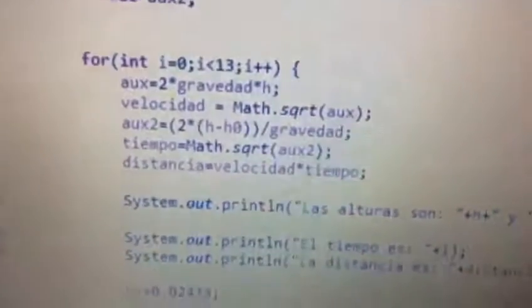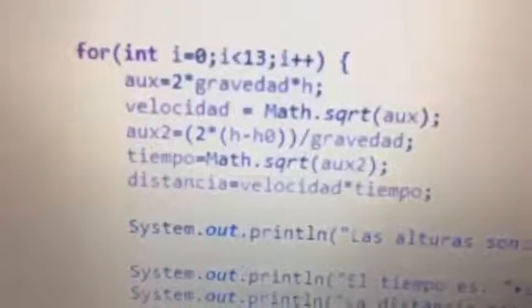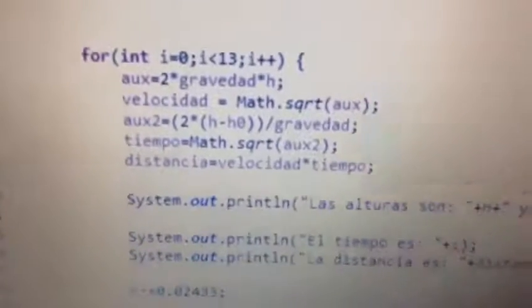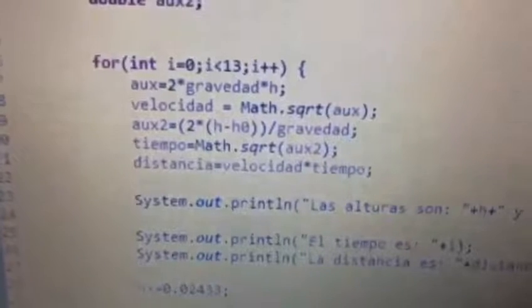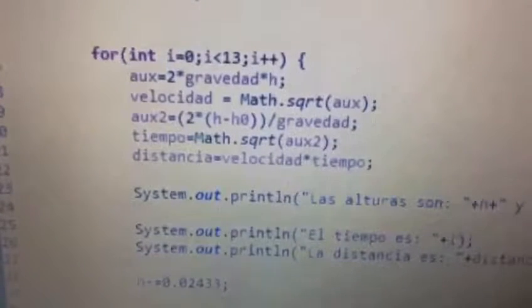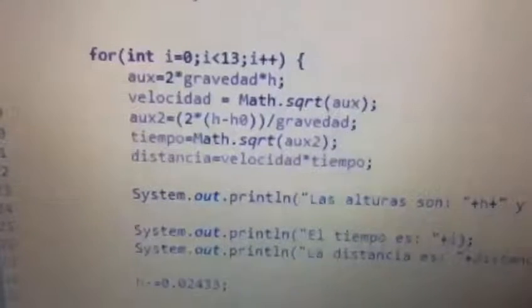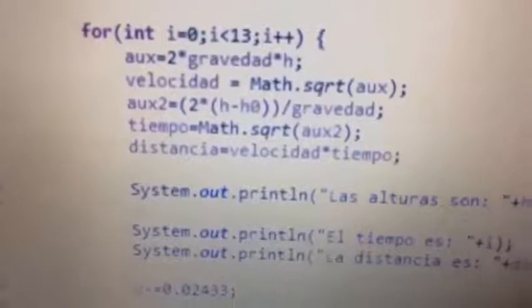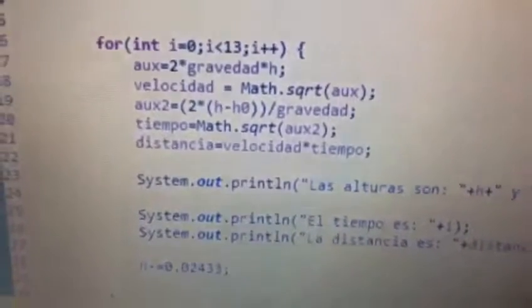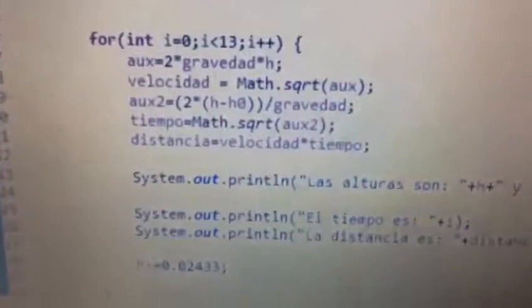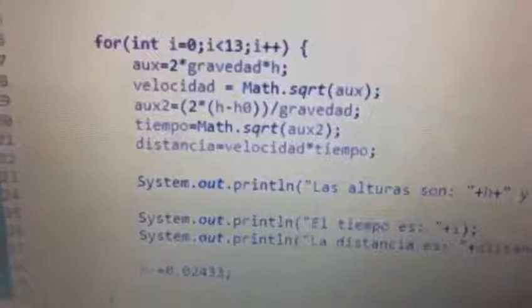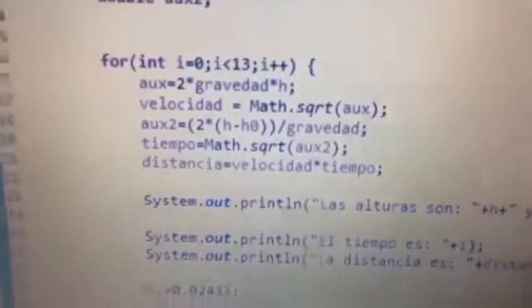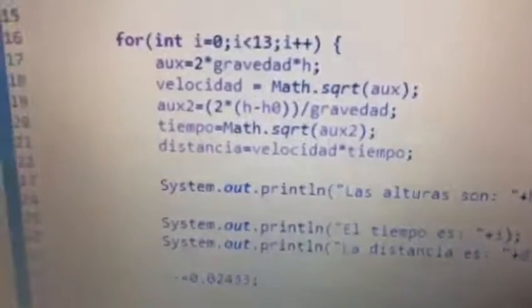Then in AUX2 we made this formula where we subtract from the height of the tube the height from the top to the hole of the tube, all that multiplied by 2 and then divided by gravity, and then we get the square root of AUX2, that is all the formula told, to get the time.